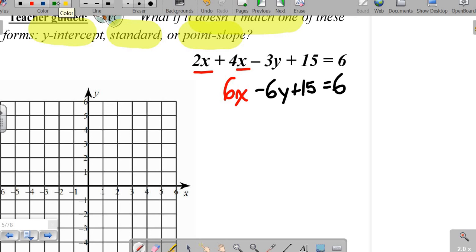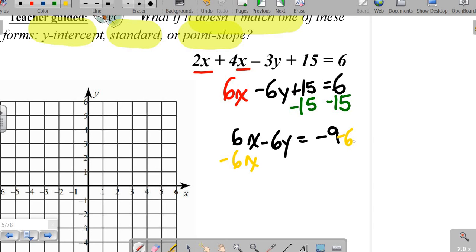So now we start clearing things to the other side. The opposite of timesing is dividing.